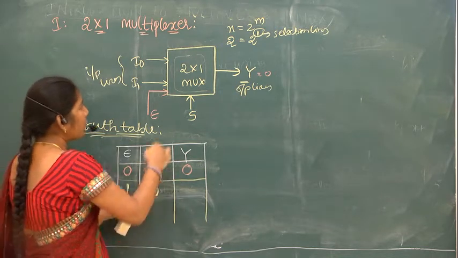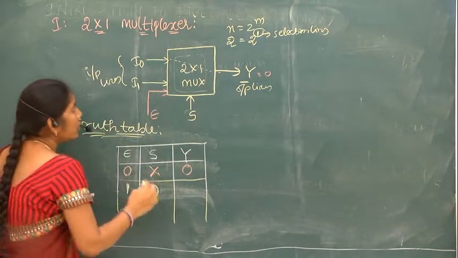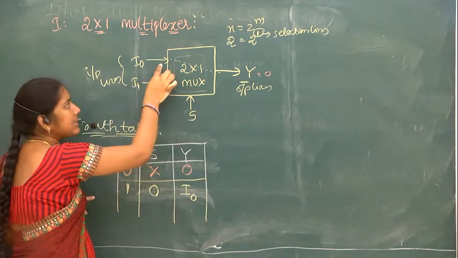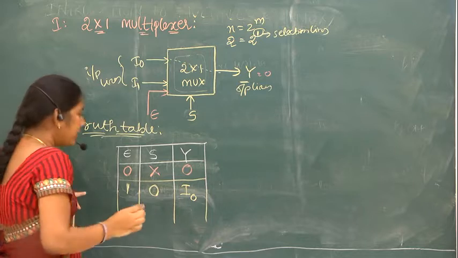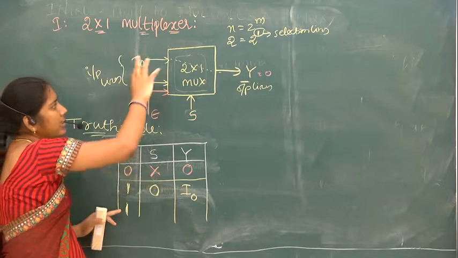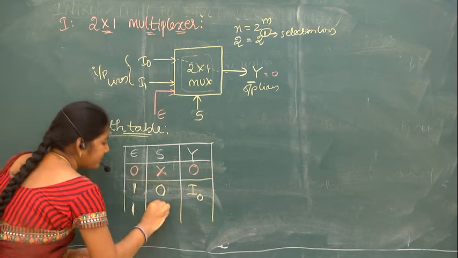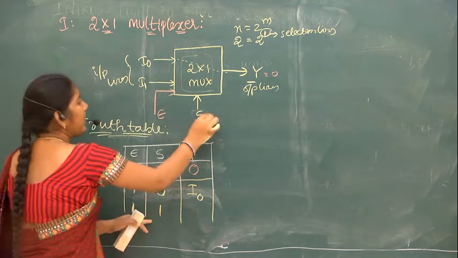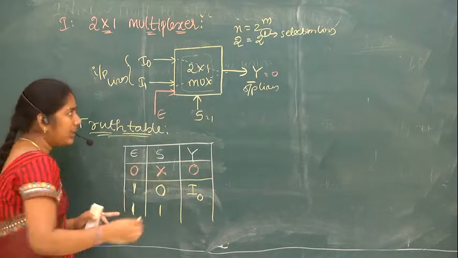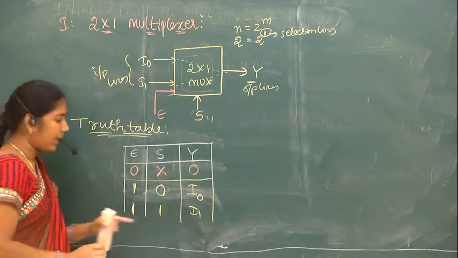So when S is 0, I0 will be transferred to the Y. So your output Y is nothing but whatever the data which exists in I0. For the next case, again I will continue with E as 1, means your circuit is on. I will make S as 1. So when S equals 1, I1 will be transferred to the Y. So here output is I1.